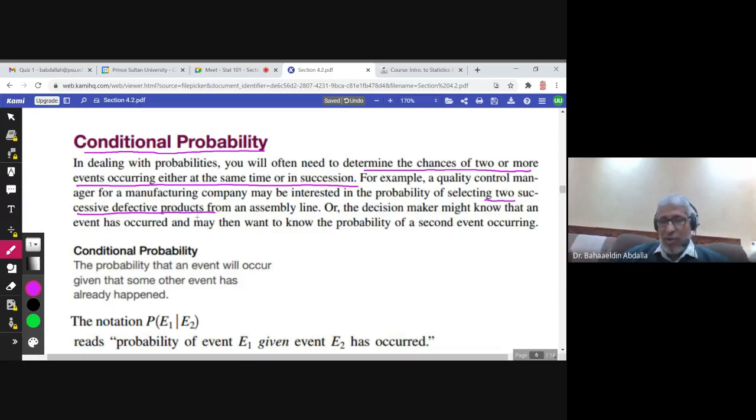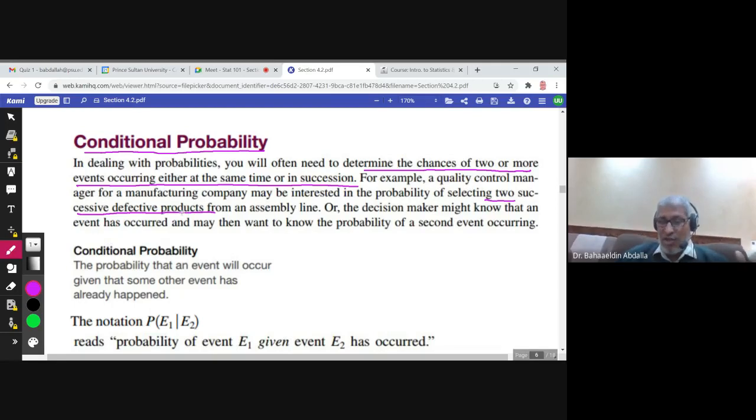Why? Because when one defective is selected first, the second selection, whether it's defective or not, depends on whether the first was defective or not. You want the two to be defective, so you take the probability of the first one to be defective, that's okay, but you need the probability of the second one to be defective given that the first one is defective.